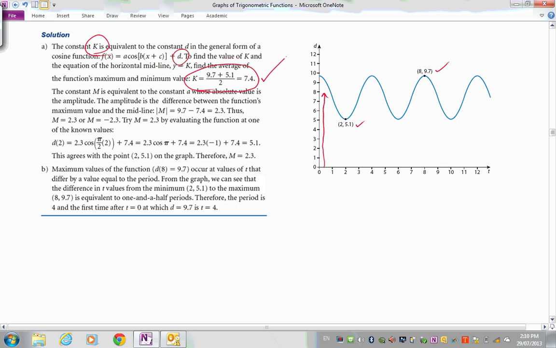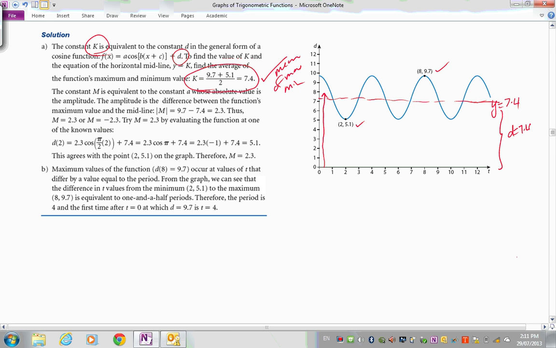So you find the mean of the max and the min to find that new line. So here it is, 7.4, somewhere in there. 7.4 y, so that's how much it's been moved up. That's what they're saying d in that original general form represents, a y translation of 7.4.